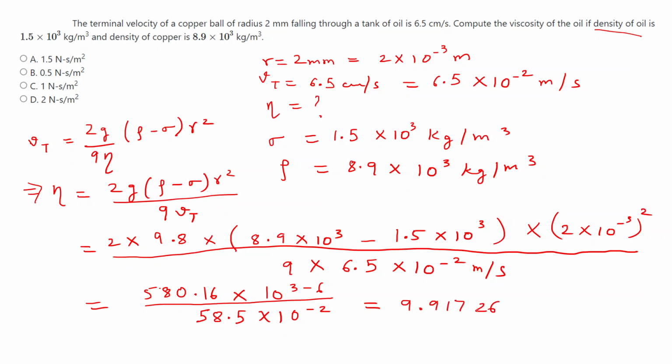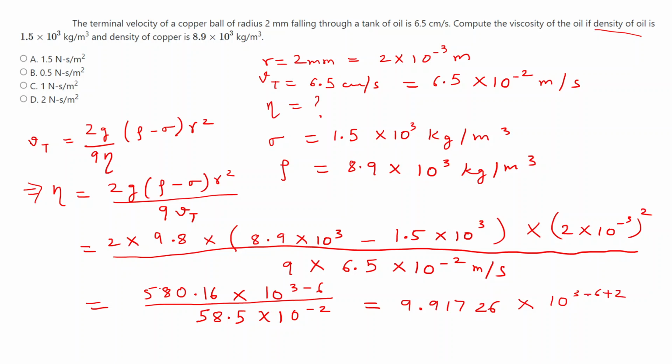9.91726. Okay, I'm just writing for time being till 5th decimal digit because we need to take care of these powers also. 3 minus 6 means minus 3, and this 2 will go up, means the final thing will be 10 to the power 3 minus 6 plus 2, right?